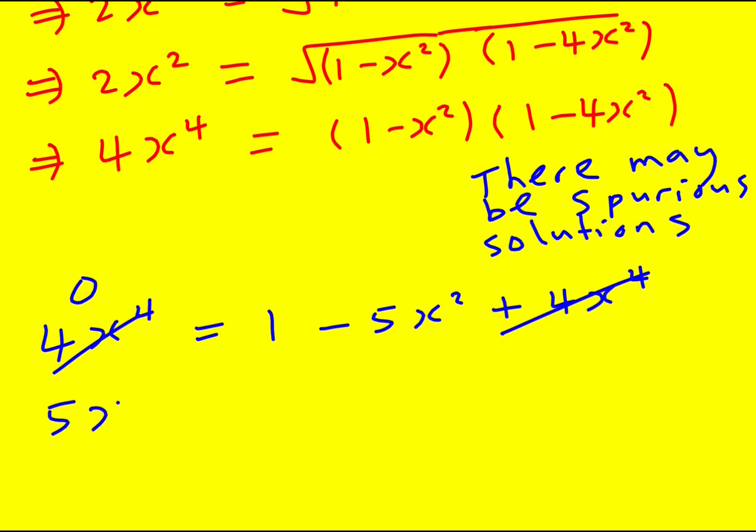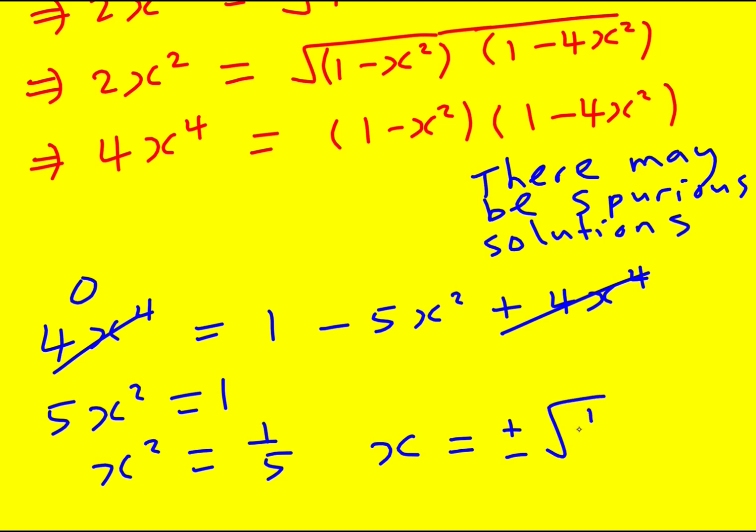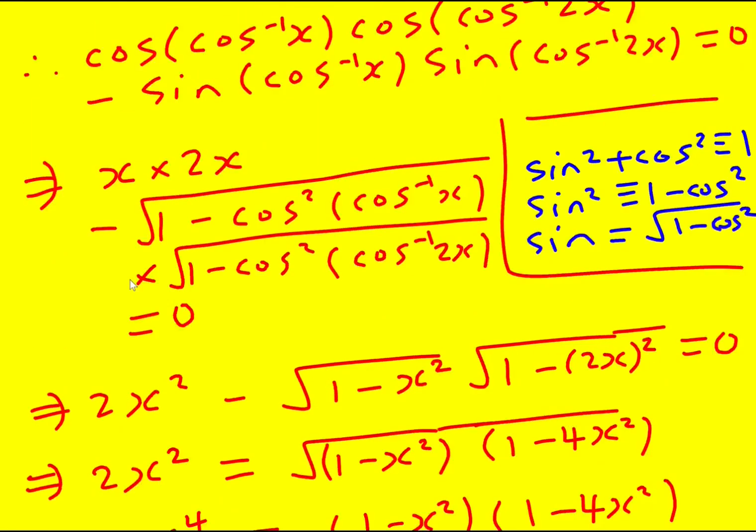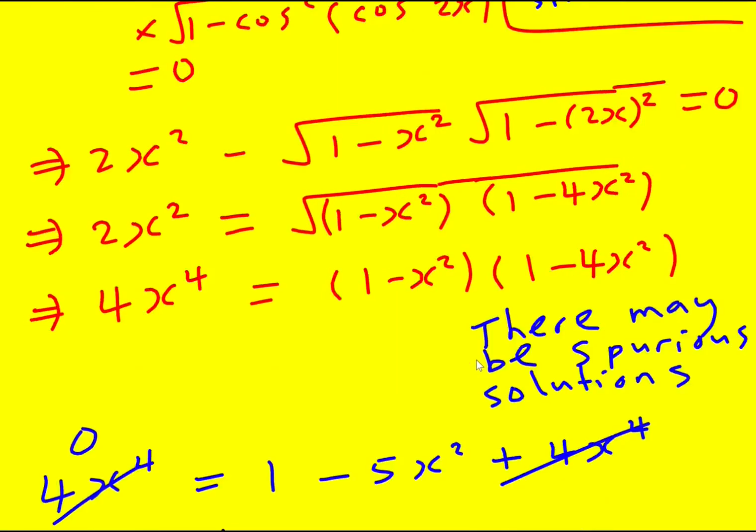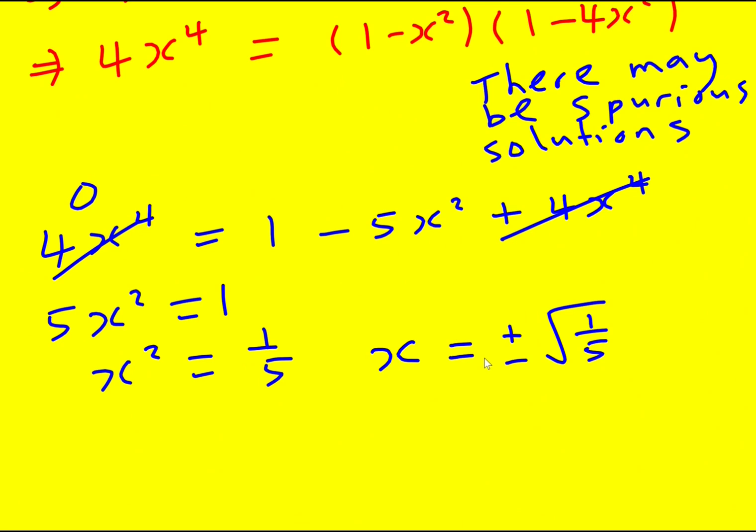So I've got 5x squared equals 1. x squared equals 1/5. x equals plus or minus root 1/5. But we have x is greater than or equal to 0, so we can reject the negative.